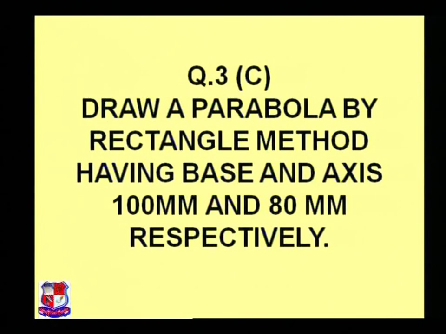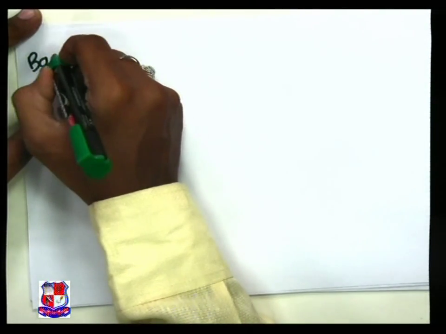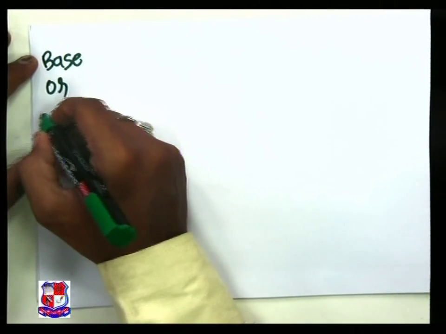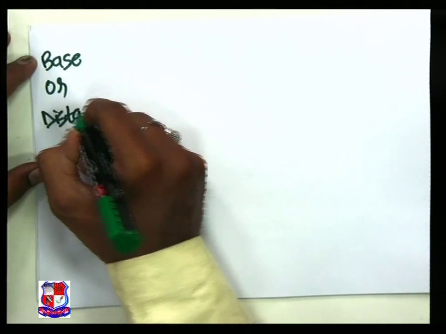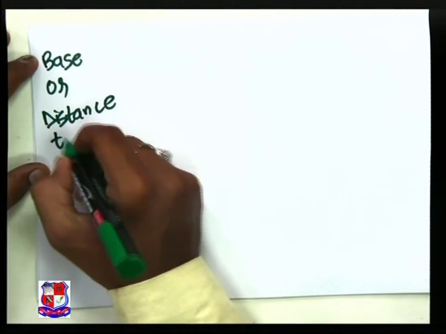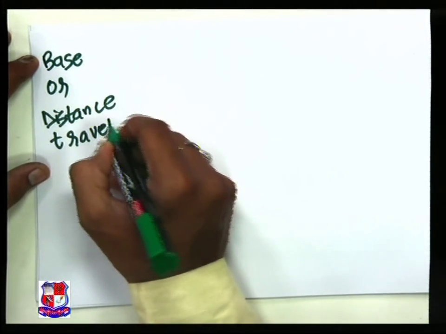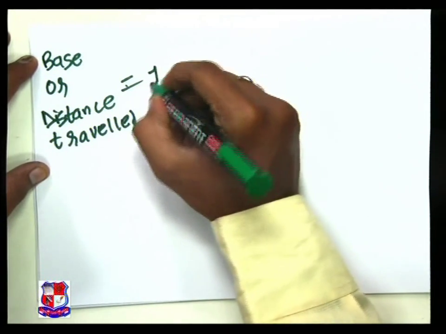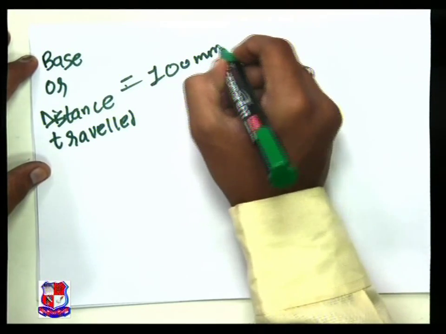Base 100 mm, x is 80 mm. It's the same altogether. Either it is base or distance traveled, equal to 100 mm.